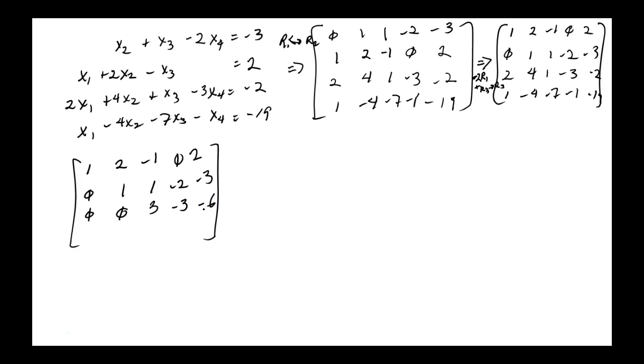Negative 2 times 2 is negative 4, minus 2 is negative 6, right?